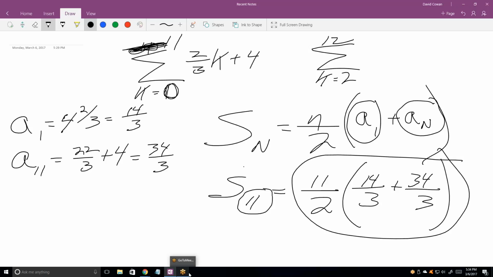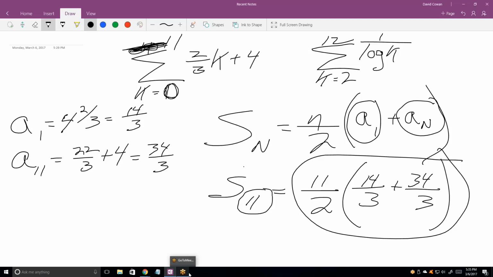And the reason I might be going from 2 instead of 1 or 0 is, let's say I had 1 divided by the log of k. Well, notice that if I had 1 over the log of k, k could not be 0 because you can't take the log of 0.